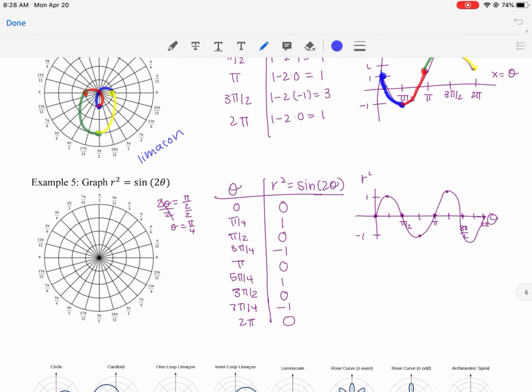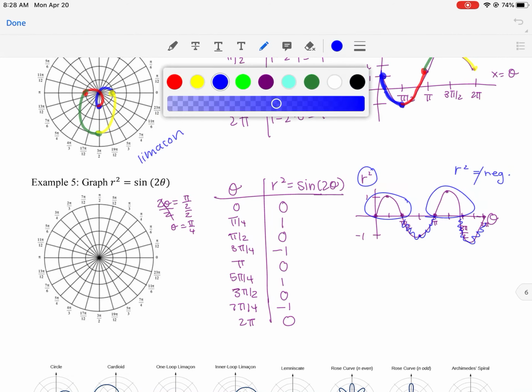However, let's talk about what it means that this is r squared. The fact that this is r squared, can r squared ever be negative? No, that's not true. So we actually can't have this bottom portion. We can't ever have r squared be negative. So we're going to focus just on these top parts.